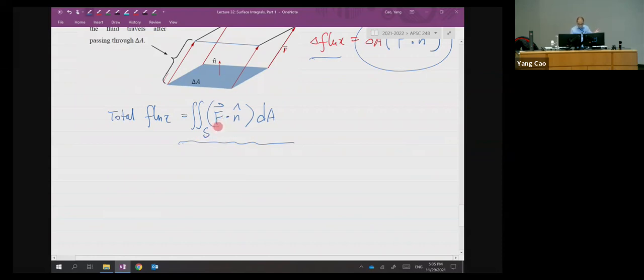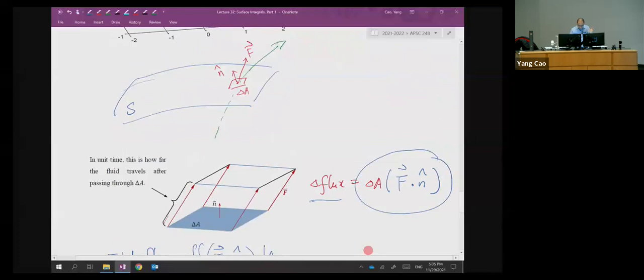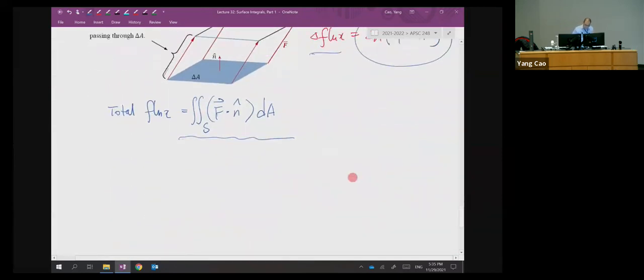The intensity of F will affect the total calculation of flux. And the relative orientation between F and n hat is given by the dot product. Because what is actually going through the surface is the projection of F in the n hat direction, and that's F dot n hat. That's what really matters, right? So this equation essentially captures all of the three discussions that we have illustrated, to give you this calculation of flux. Of course, the next question is, how do we calculate this? That's what we're going to talk about in detail.